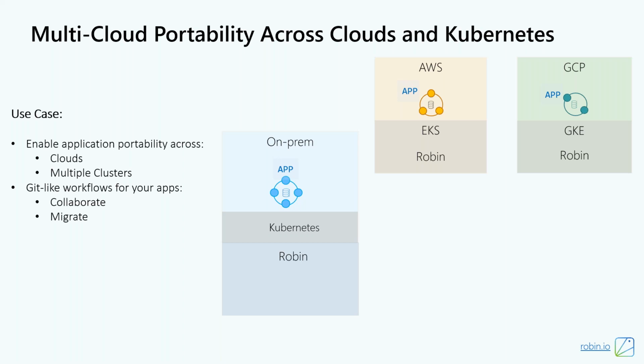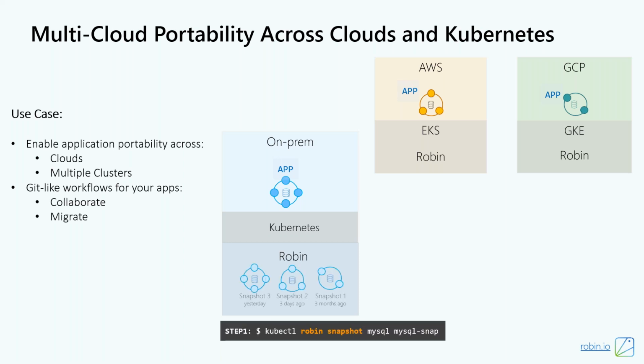And not only that, in AWS, I'm not going to run upstream Kubernetes like I run on-prem. I'm running EKS, right? On GCP, I'm running GKE. So as long as you have the common Robin storage layer running across these Kubernetes clusters, it becomes really easy to port these stateful applications to different clouds and different Kubernetes clusters. So it is as simple.